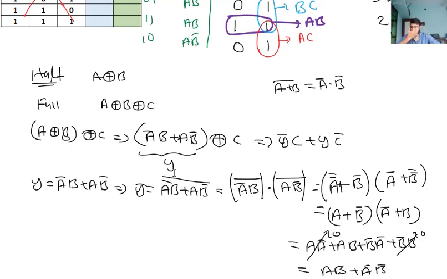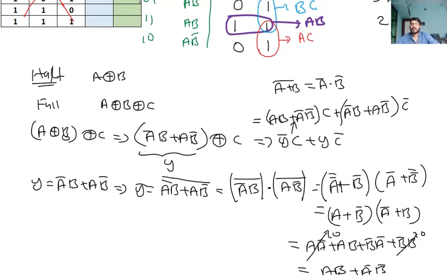So Y complement we have already determined. So this term will be equal to AB plus A complement B complement into C, plus Y into, so that means A complement B plus AB complement into C complement.